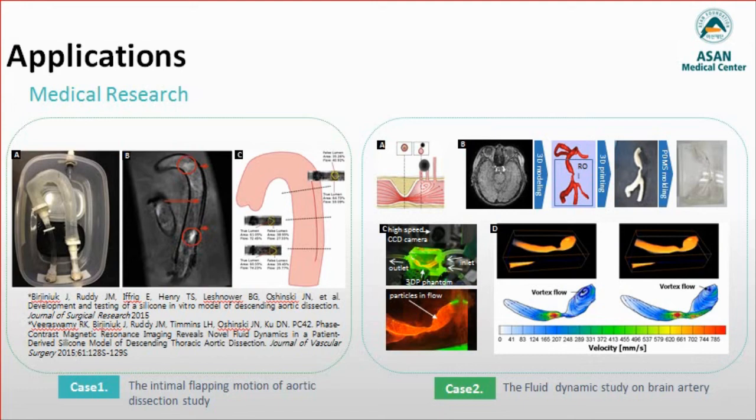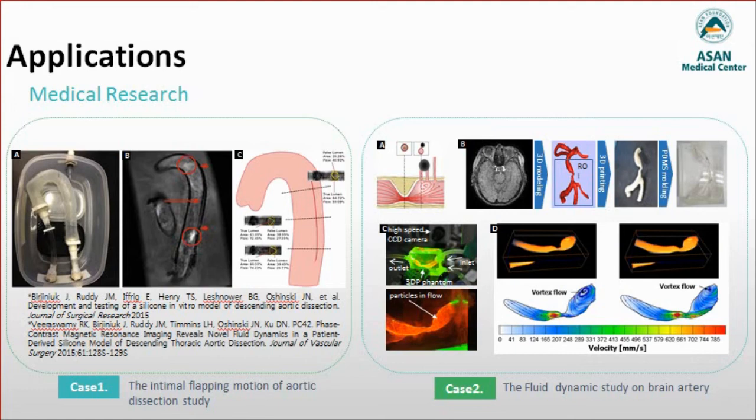In case 2, a fluid dynamic study of paramedian pontine infarction caused by atheroma obliteration of the perforation of the basilar artery was performed. Using the MRI data, a stenotic basilar artery model was generated by dedicated software and was then 3D printed in ABS thermoplastic material by a 3DP system.